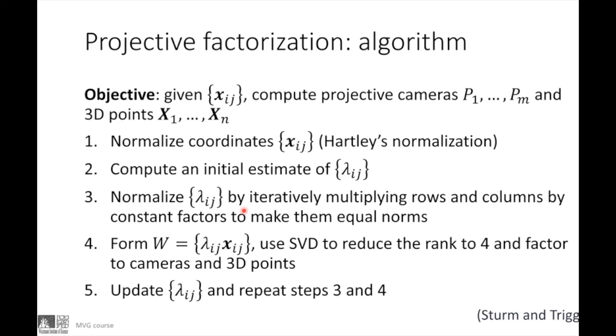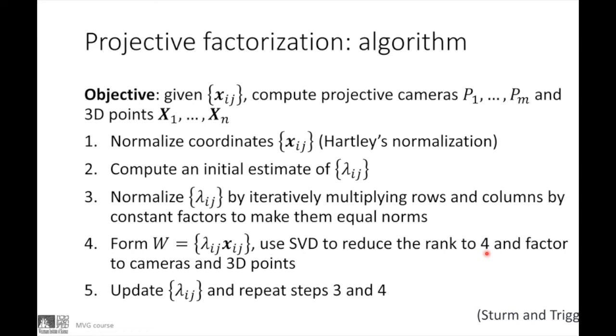The fourth step is we form W, we take the normalized lambda ij, multiply by xij and get W. And now we apply SVD, assuming that the matrix is full, and take the first 4 singular values, zero all the rest, and factor to get the cameras and the 3D points.